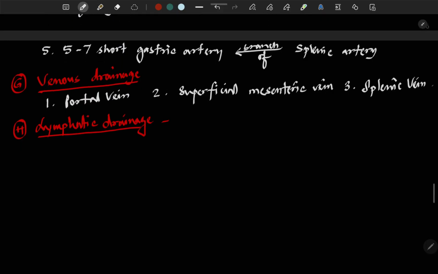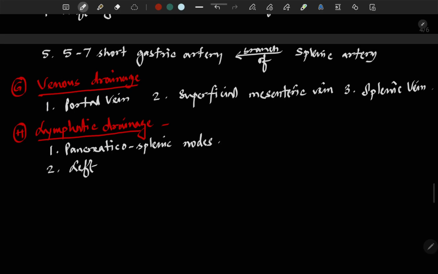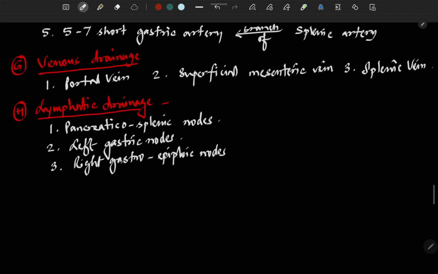Lymphatic drainage. Number 1 is the pancreaticosplenic nodes. 2, left gastric nodes. Number 3, right gastroepiploic nodes.